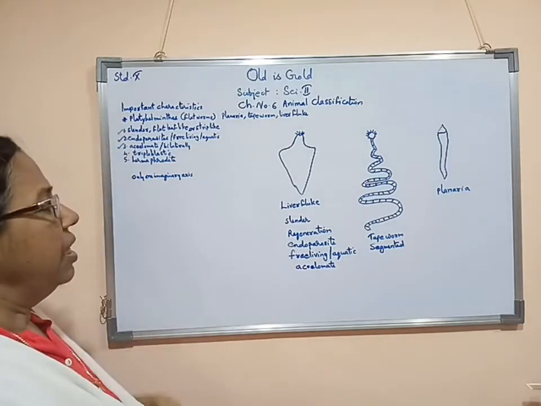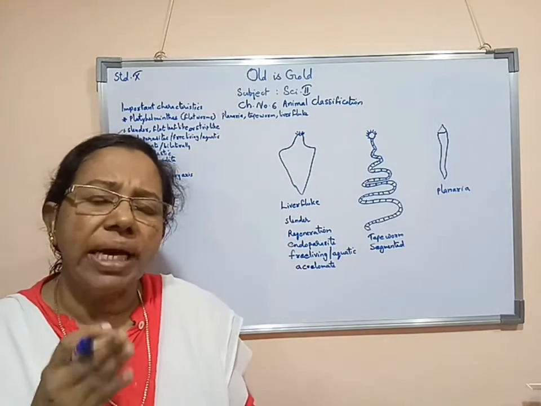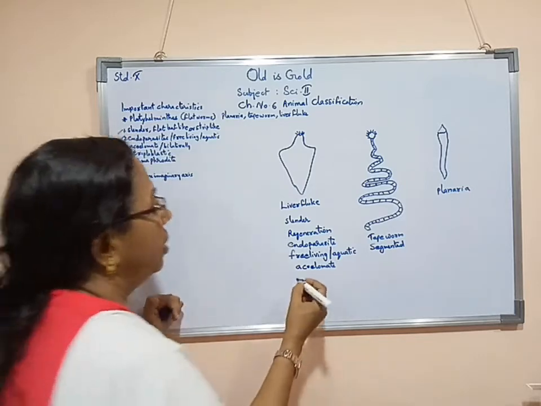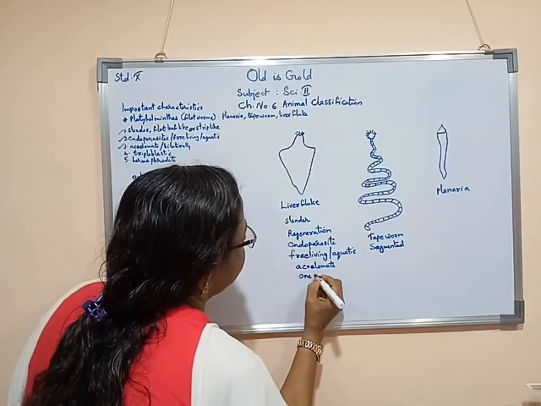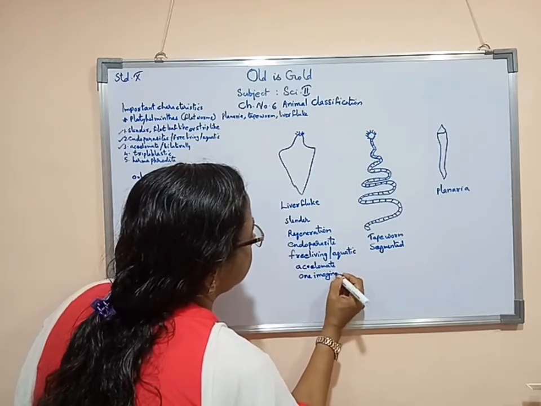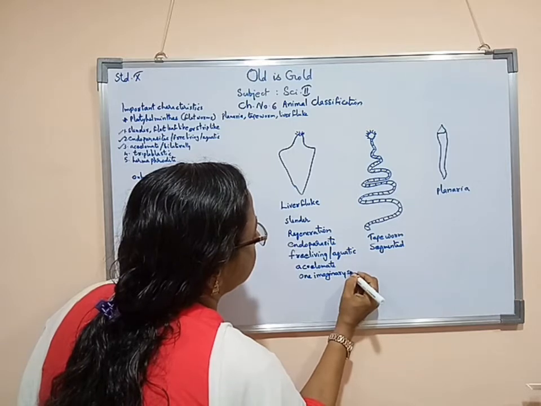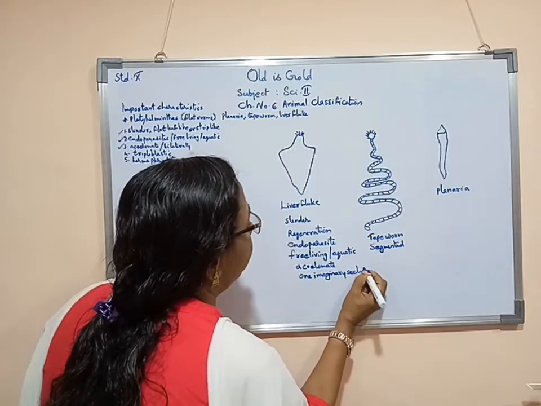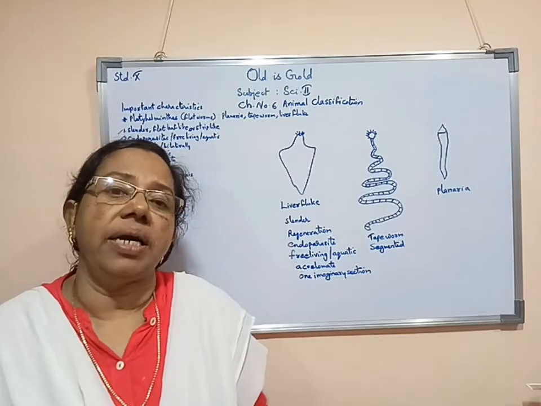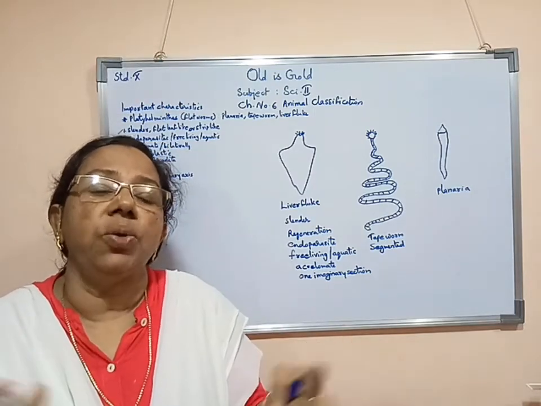Then another thing: through their body only one imaginary section is there. Through that, if we cut, then we will get two equal halves.